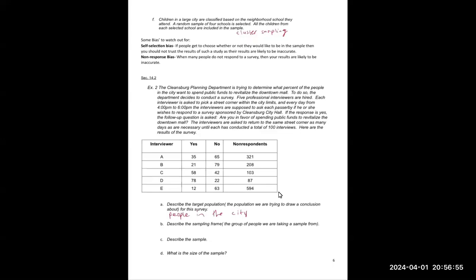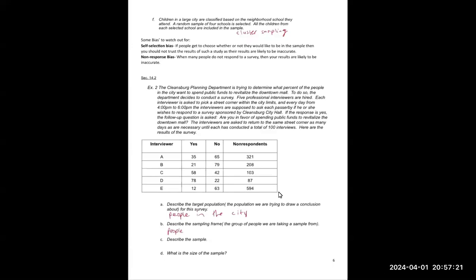Okay, so the sampling frame is people that are out on the street between 4 p.m. and 6 p.m. Do you think that includes everyone in the city? I don't think so, because there's probably people that work on a daily basis from 4 to 6 p.m., right? So there's people who are automatically never going to get a chance to voice their opinion here.